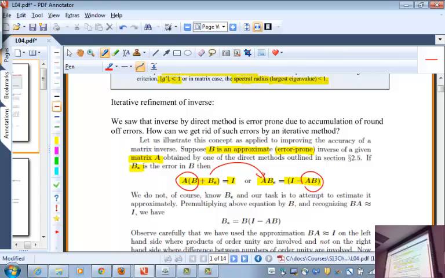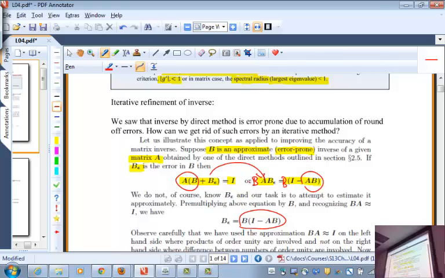And then I pre-multiply by B, on both sides. So this becomes B times I minus A B, and on the left-hand side, I have B times A times B epsilon.